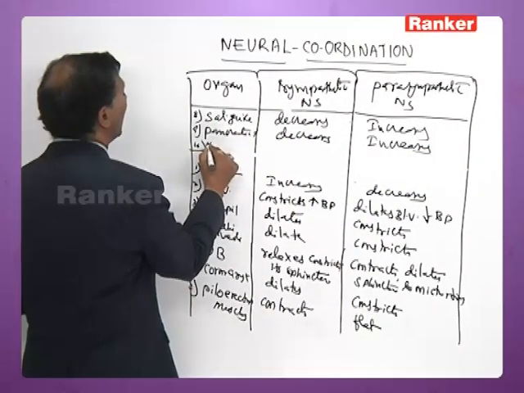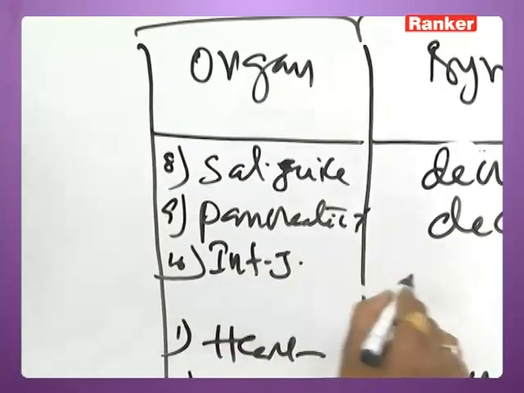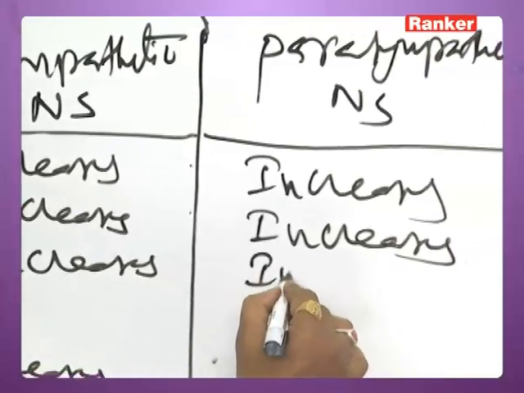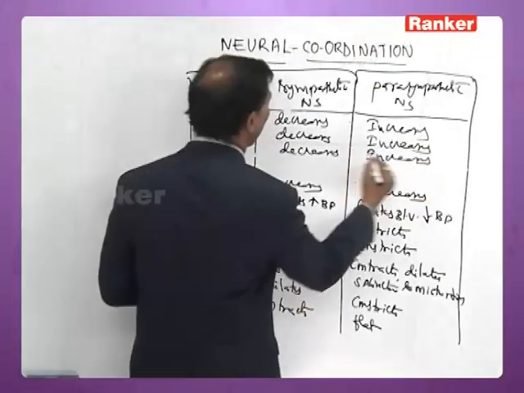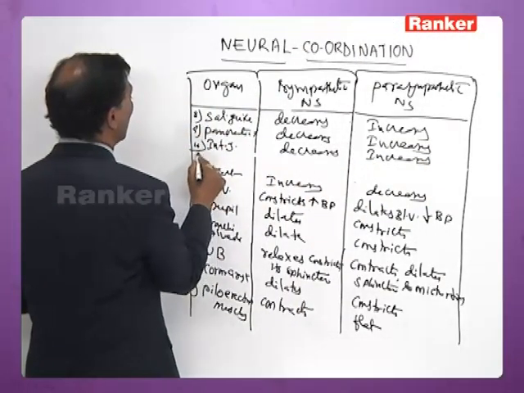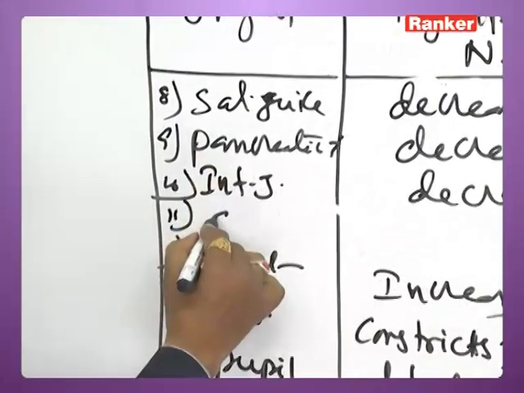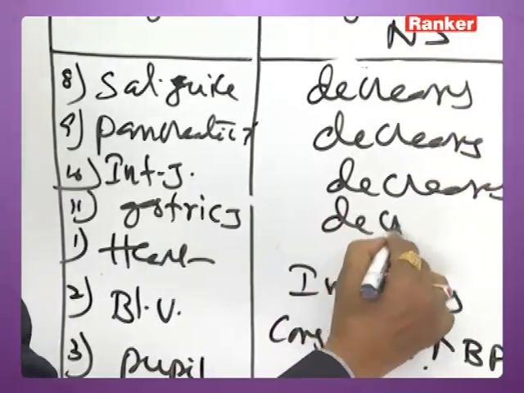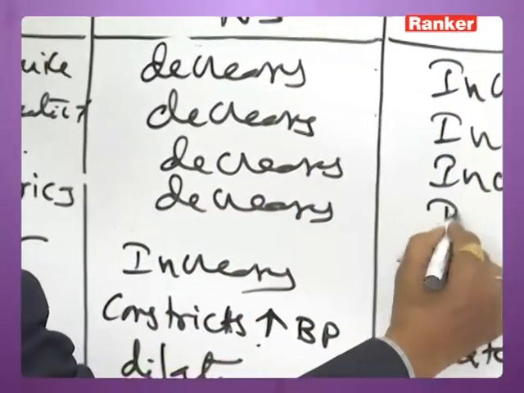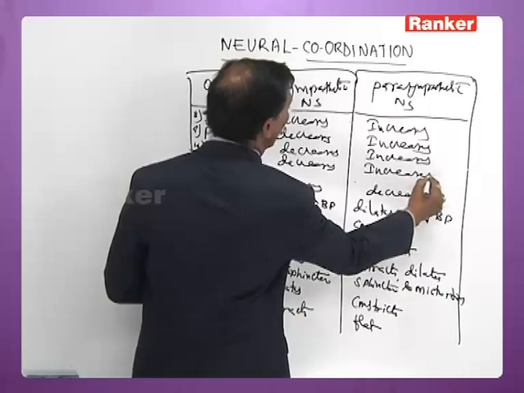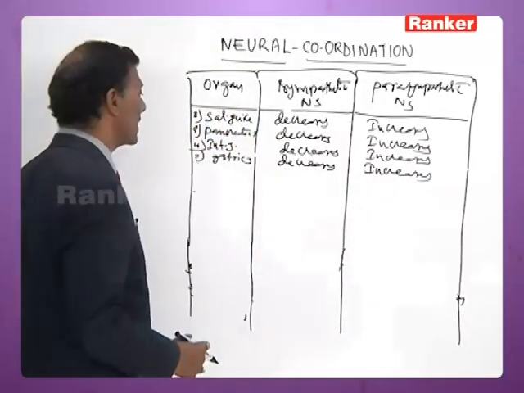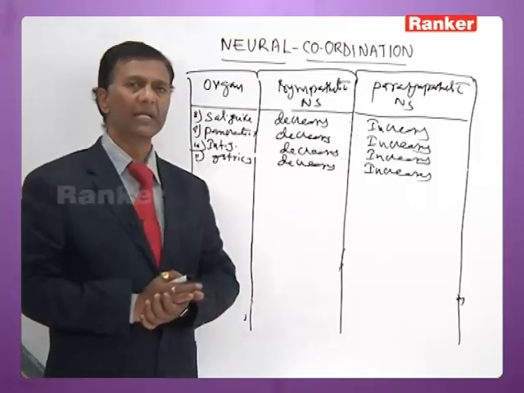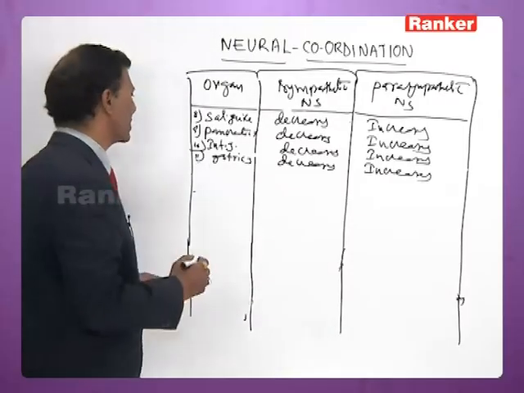Then intestinal juice, it decreases, the parasympathetic system increases. The next, gastric juice: the sympathetic system decreases gastric juice secretion, and the parasympathetic system increases it.